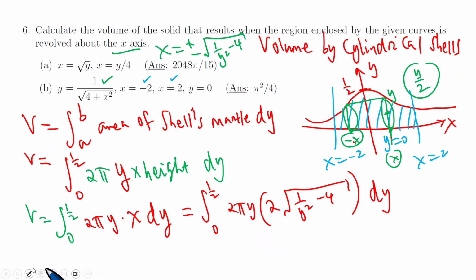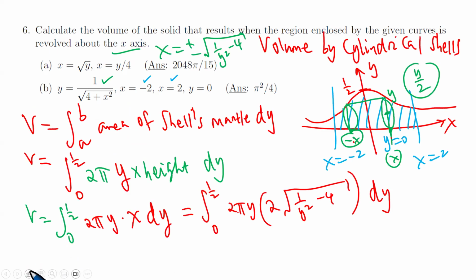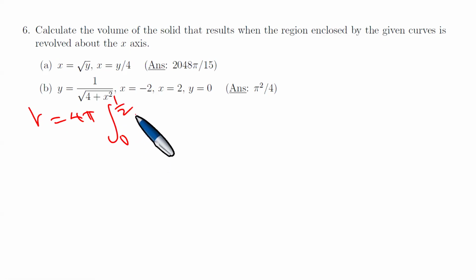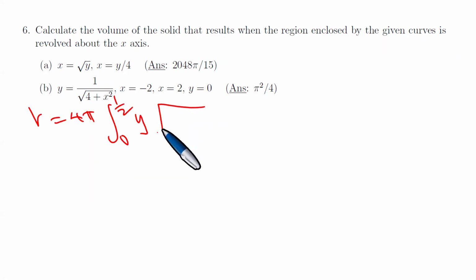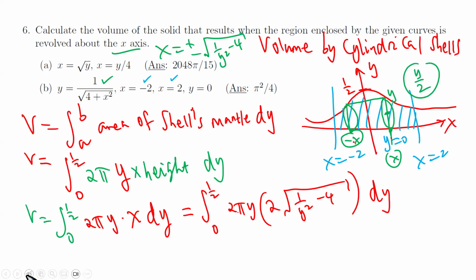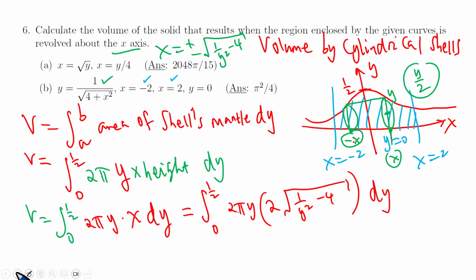You're going to have 4 pi, the integral from 0 to 1/2. 4 pi, and then you have y. 4 pi, then there is a y. Then you have the square root of, what did you get the square root to be? It is the square root of 1 over y squared minus 4. Okay, and then dy.